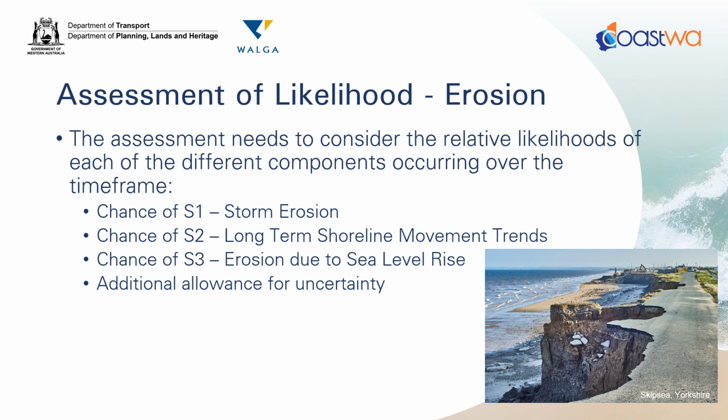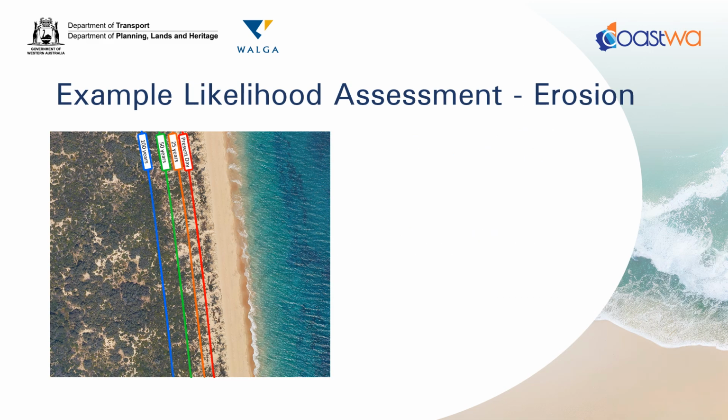So it's something that you have to account for when you're actually assessing the likelihood of these things occurring. So to give you these examples of likelihood, as I said, we're going to step through this example for erosion and inundation, and we'll follow it through and take a few little detours along the way to just show you how this process works.